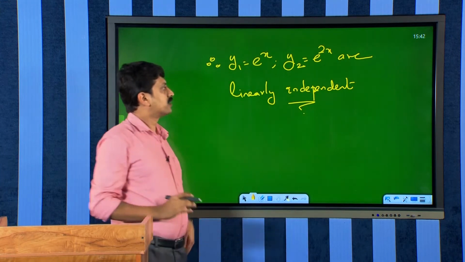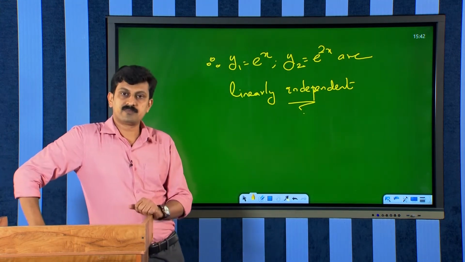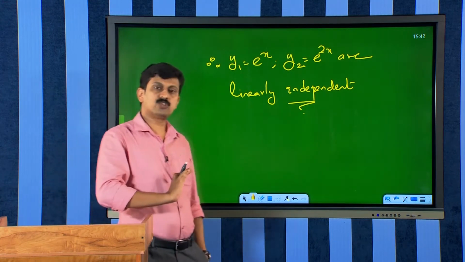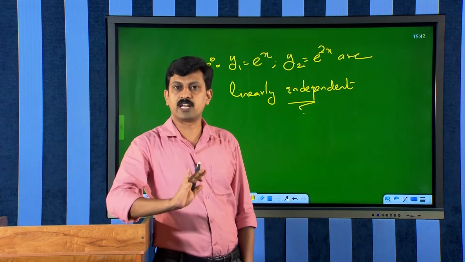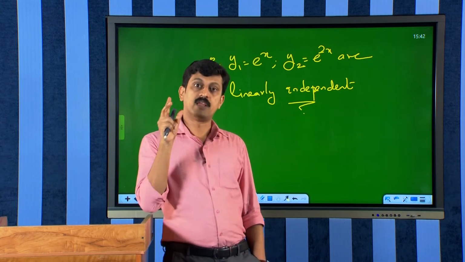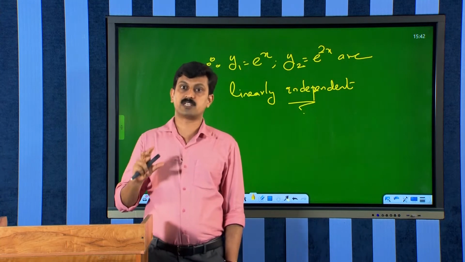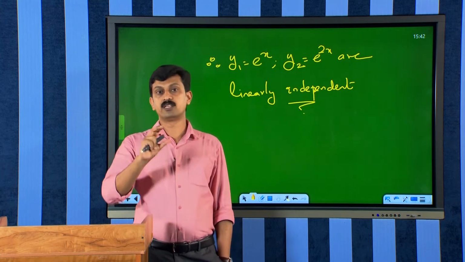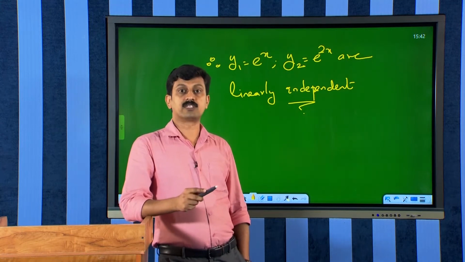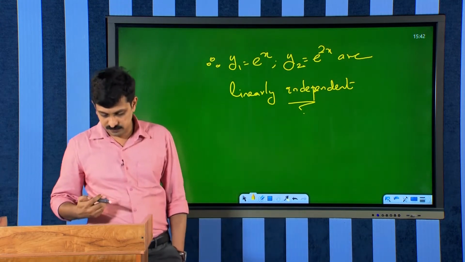Actually, we can say that if the ratio of two functions is a constant, then the two functions are linearly dependent. Otherwise, if the ratio is a non-constant function, then the two functions are linearly independent.